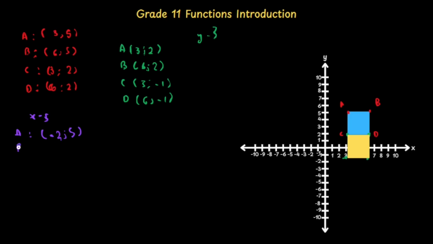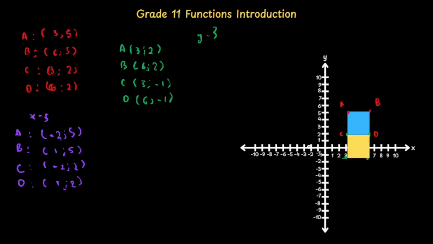For point B, I would obtain 1 and 5. For point C, I would obtain -2 and 2. For point D, I would obtain 1 and 2 for the y value. I can go ahead and plot this in now.